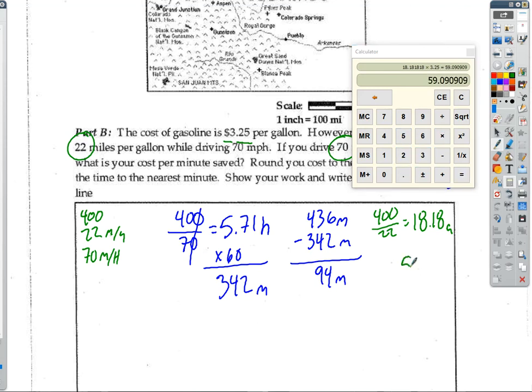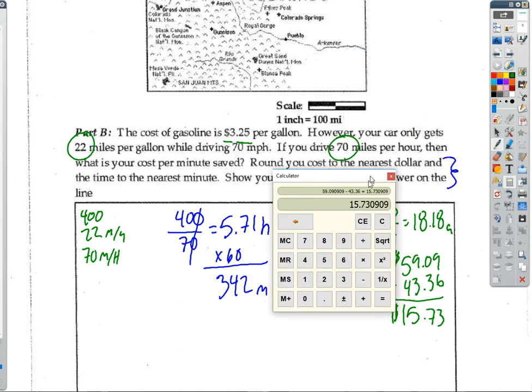So now I'm spending $59.09. Well, originally I was spending $43.33. So I'm spending an extra $15.73, but I'm getting back an hour and a half.